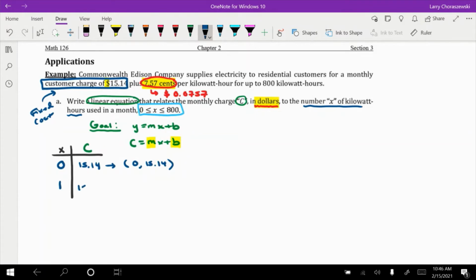So to figure that out, keep in mind that there's always this customer charge of $15.14. Now, if I used 1 kilowatt hour, I would have to add 0.0757 to that. Yes, I would agree with that if we wanted to round to the nearest penny, but I'm going to keep it in the exact form, because I want to make a connection to one of the numbers in the problem with the slope.